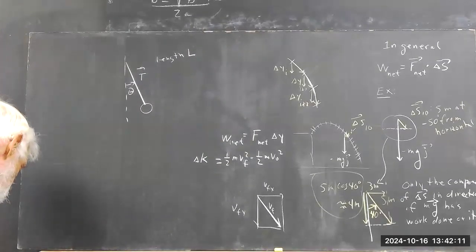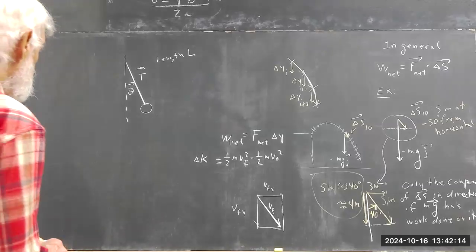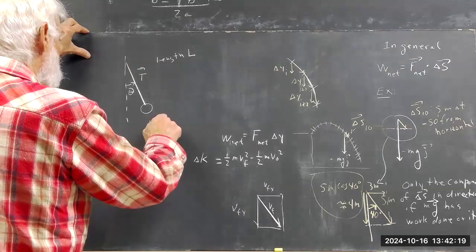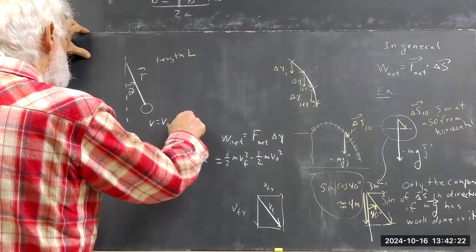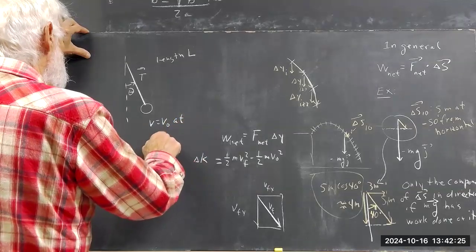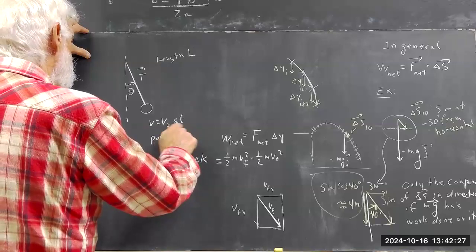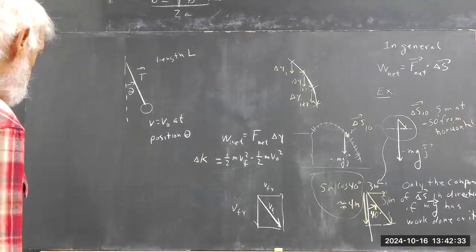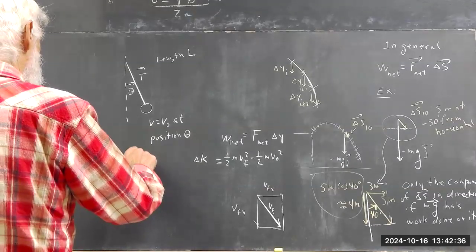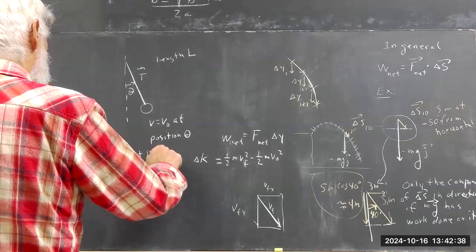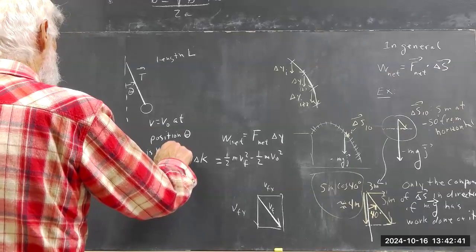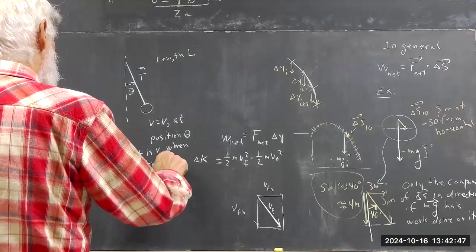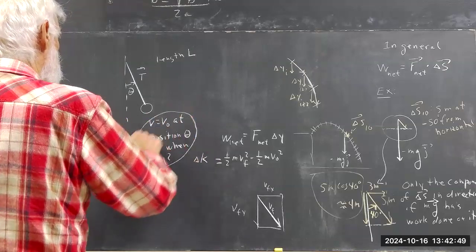But now for the pendulum, what I want to do is say, okay, if V equals V naught at position theta, what is V when the thing is vertical?